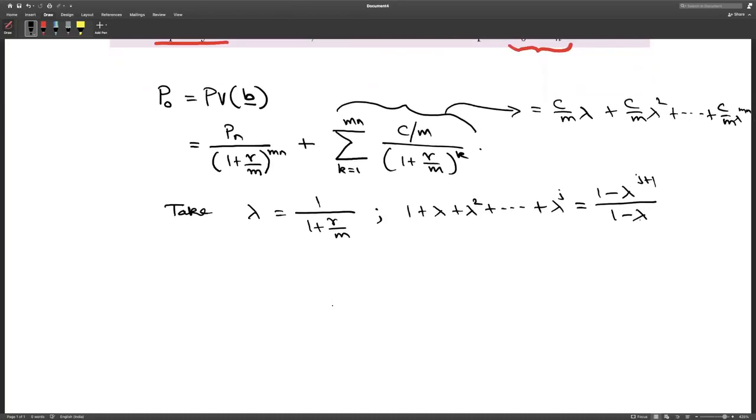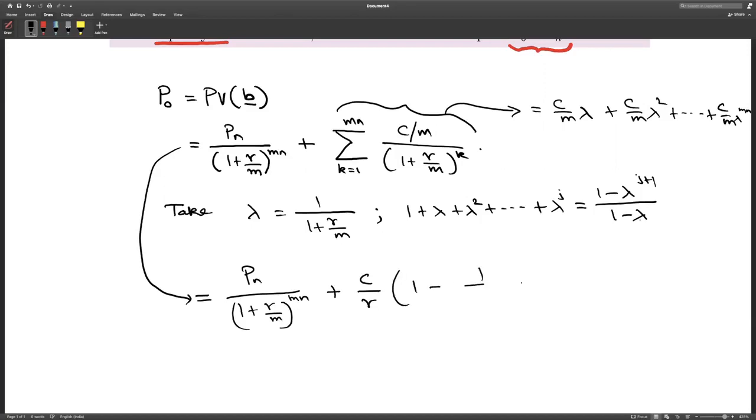So use this elementary formula here, and you can write P naught as: this term can be written as Pn divided by (1 plus R by M) power MN. There is no change in this term, but the next term you can write like this: 1 minus 1 by (1 plus R by M), the whole power M into N. So that can be rewritten. Why?